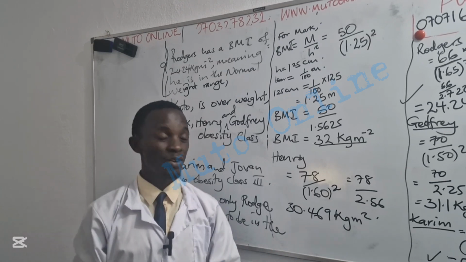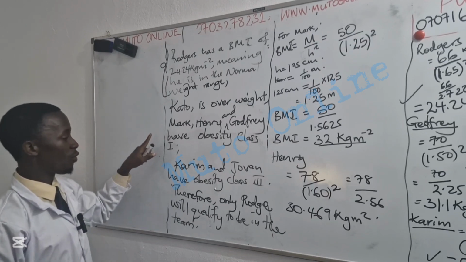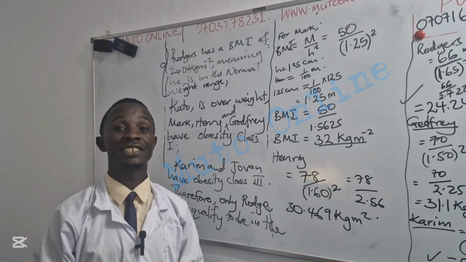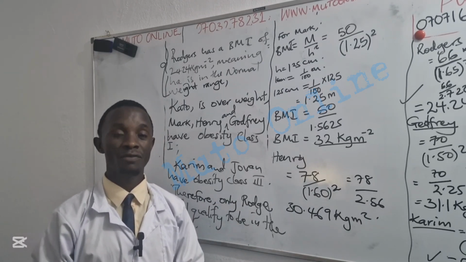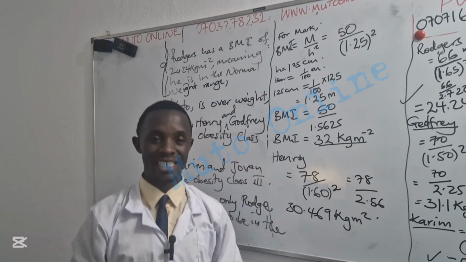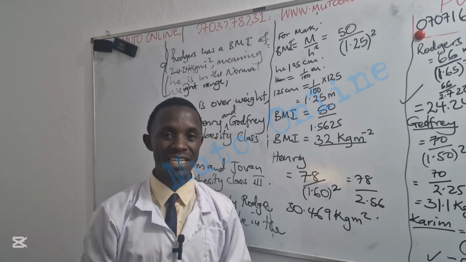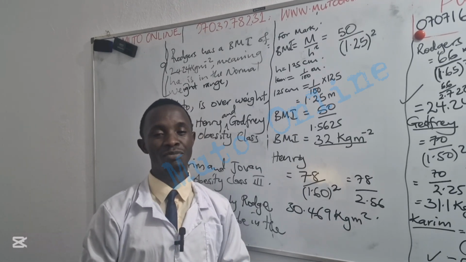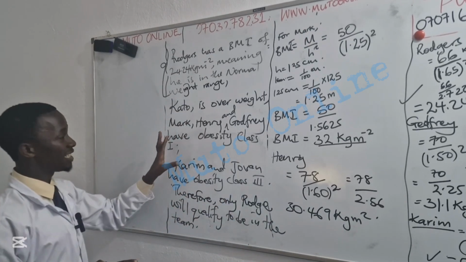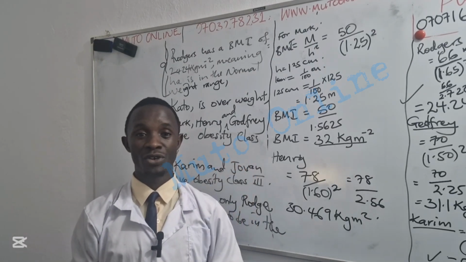We can still advise these people who are overweight to start regular physical exercise. Yes, they may continue with their carbohydrate meals, but carry out exercise frequently to burn the calories, to burn the carbohydrates deposited in the muscles.